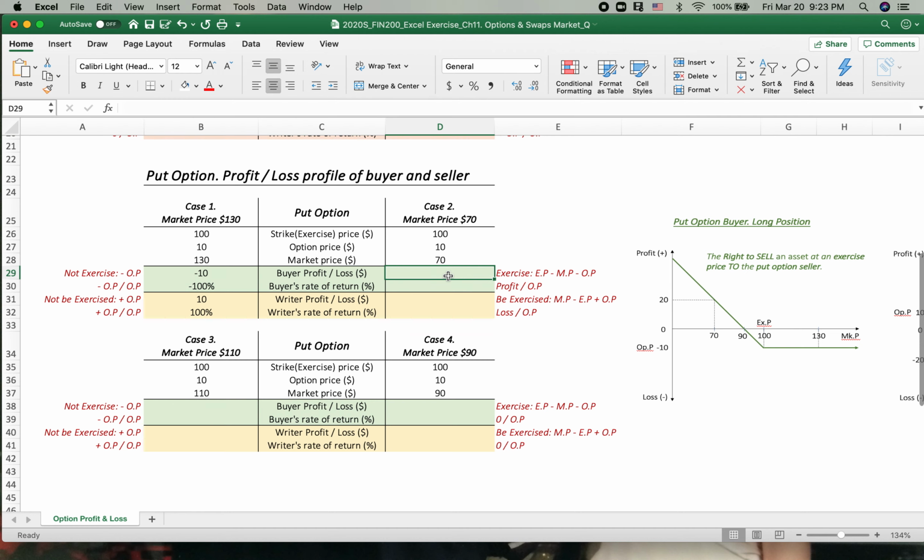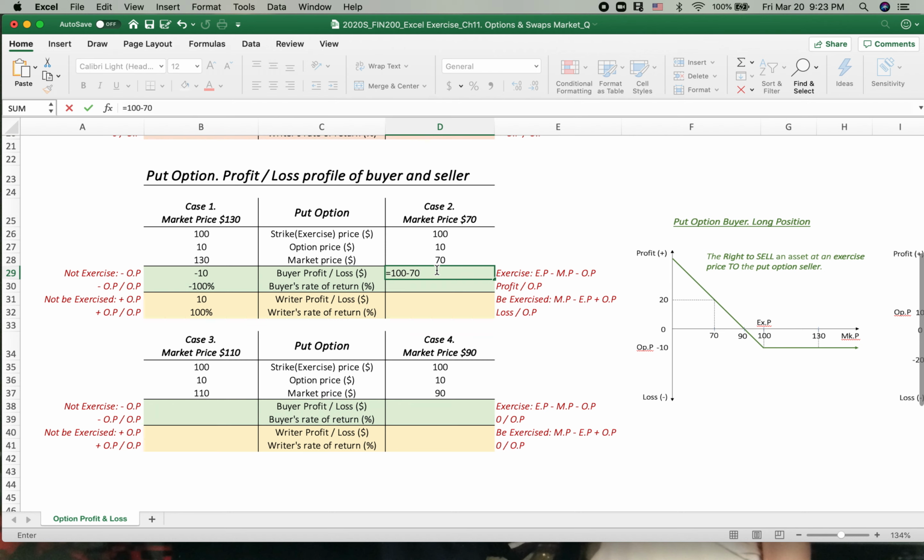In case 2, the market price went down to $70. Then if you are a put option buyer, you still have a right to sell your asset at $100. So $100 minus $70, the market price, is your profit.